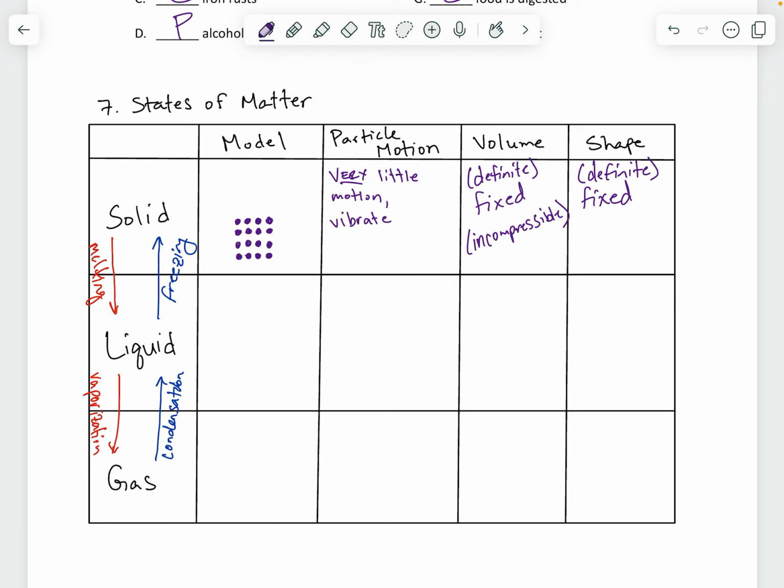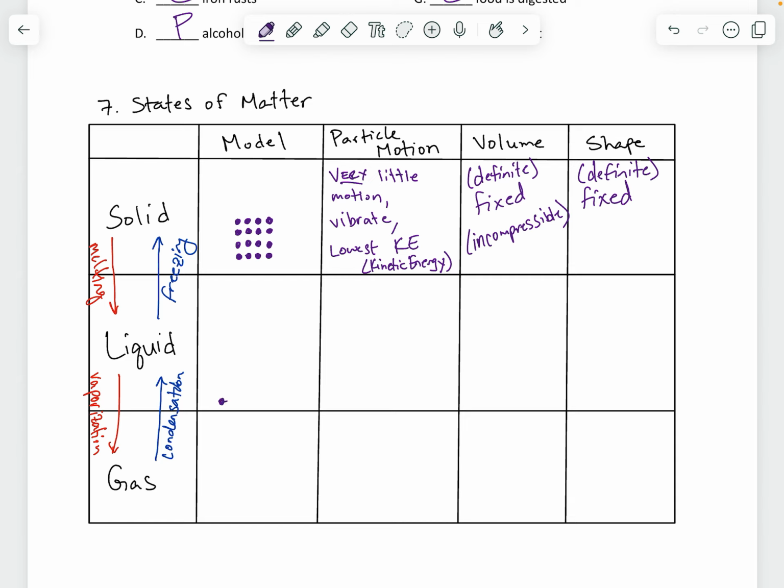Now we get to liquids, right? Liquids, I should also add, just for future reference, the lowest KE, which is kinetic energy, that is energy of motion. So it makes sense that the ones that don't move a lot have that lowest kinetic energy. Compared to now liquids.